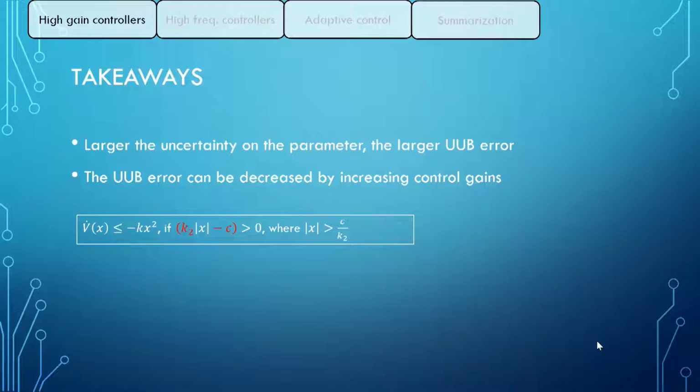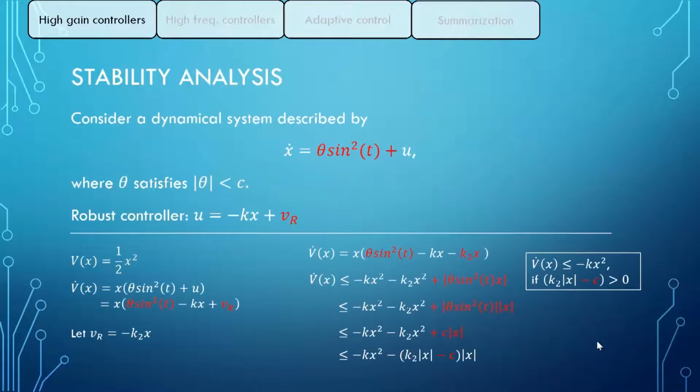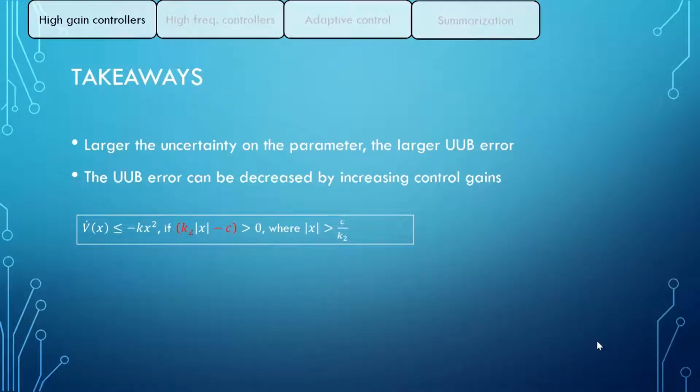Which can be observed from this C. Remember that this C is the upper bound of the uncertainty, the upper bound of the unknown parameter here. So if you have a larger unknown which reflects on a larger C, then given the same control gain, a larger C will result in a larger absolute value of X, which you can interpret as the UUB ball.